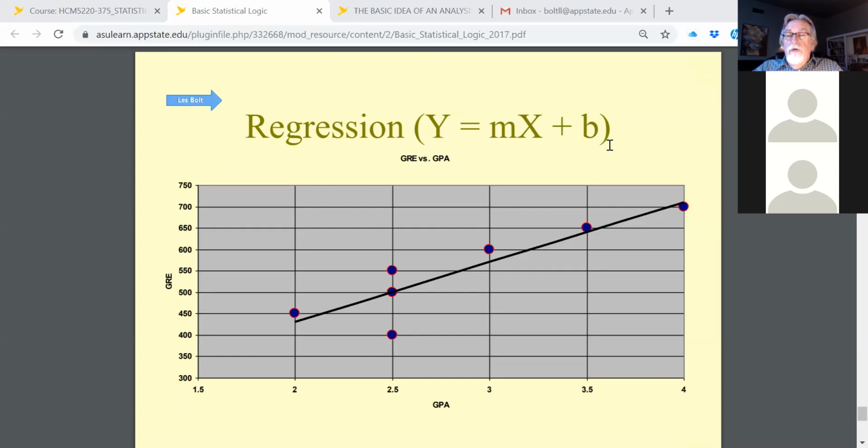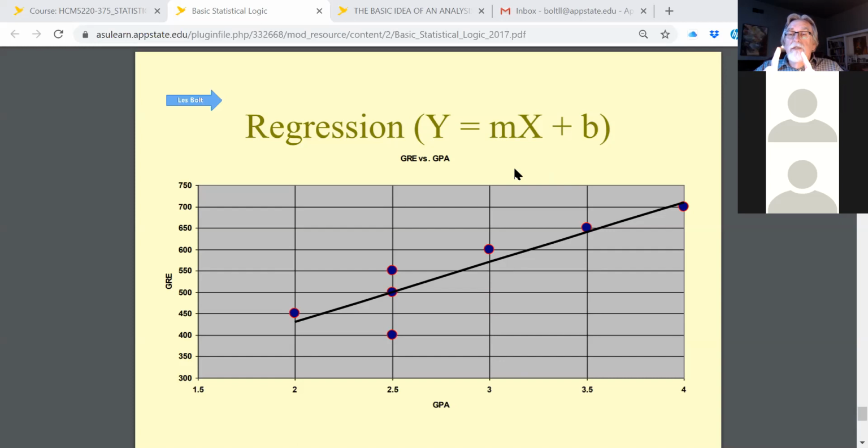So all R values, all correlational values, lie between 1 and -1. A 1 has an equal strength of a -1. A 0.5 has an equal strength of a -0.5. The direction of the sign, positive or minus, really talks about the direction of the relationship.